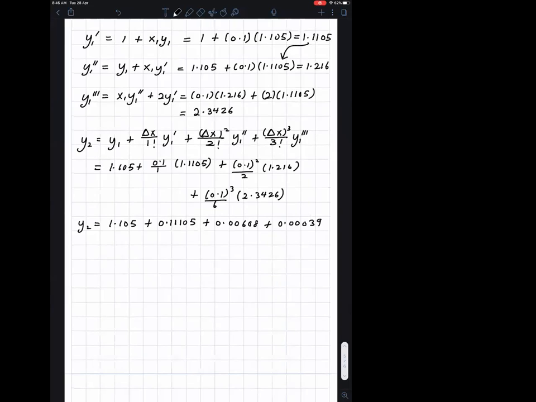That's going to give you Y2 is 1.22252. Therefore, Y at 0.2 is equal to 1.22.